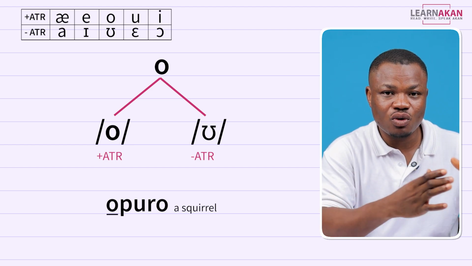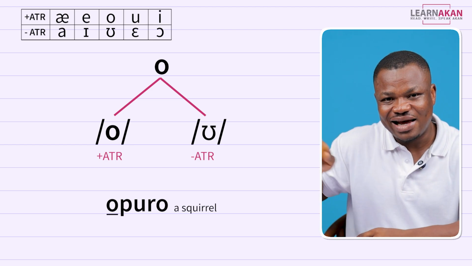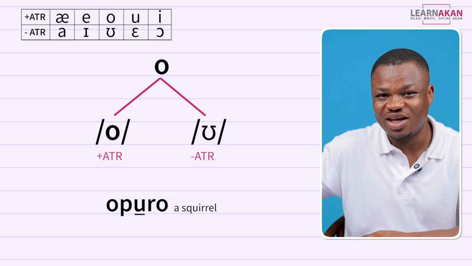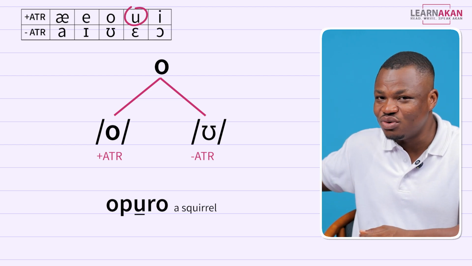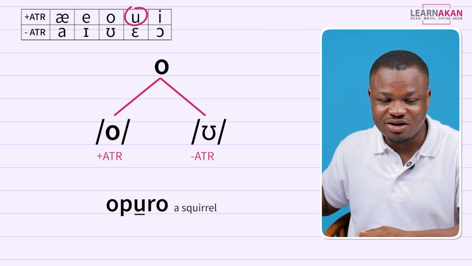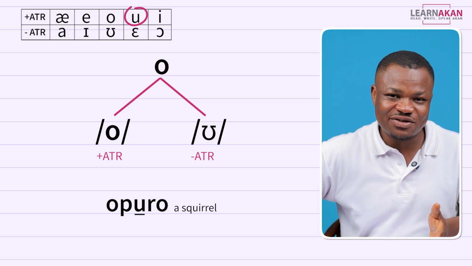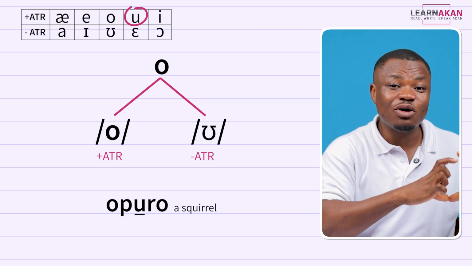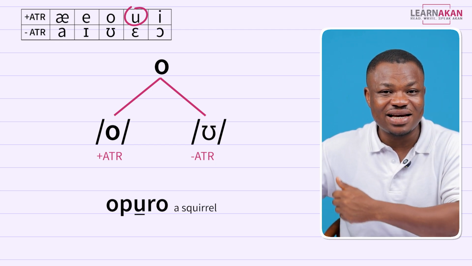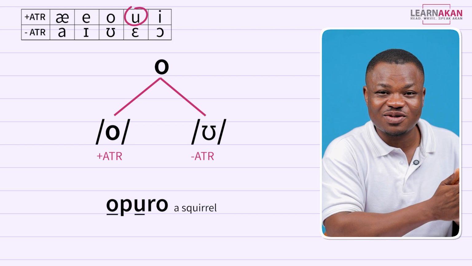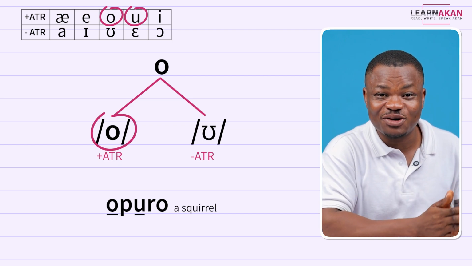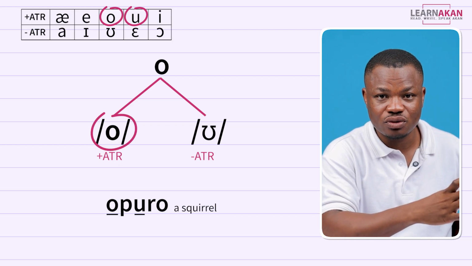So we have O in front, and the next vowel is U, and U has just one sound, and that is U in the plus ATR set. So once the next vowel that comes after the initial vowel is a plus ATR sound, then the initial vowel will most likely be pronounced as the plus ATR version, the regular one.